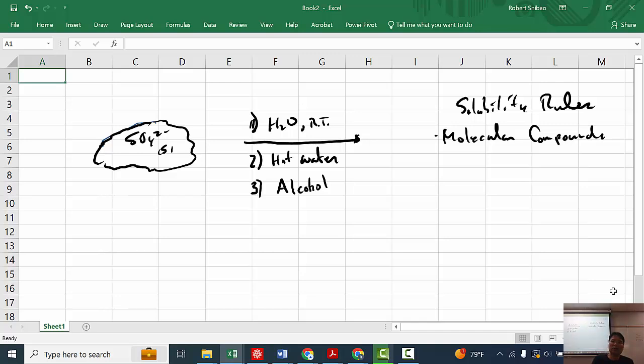And so for molecular compounds, we have this rule. It's simple. Like dissolves like.